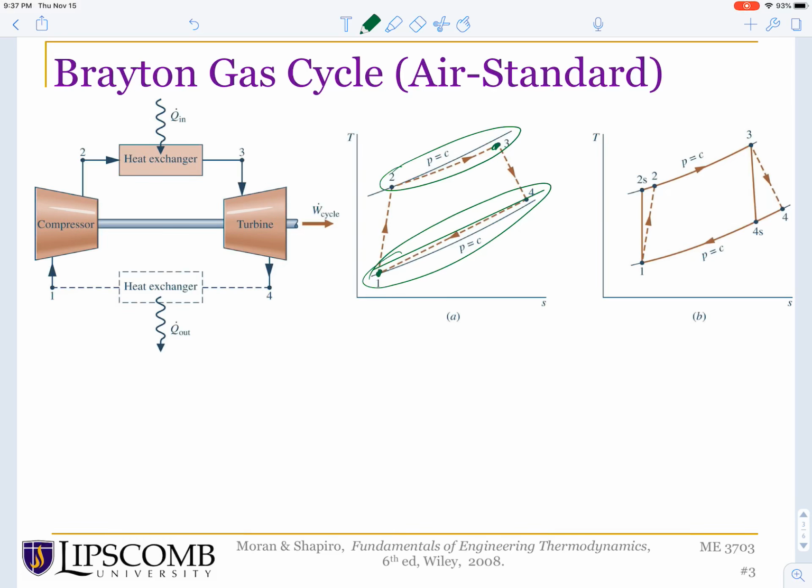Another set of irreversibilities would occur with the compressor and the turbine, and we've already learned how to deal with those through our sort of catch-all term, the isentropic efficiency of those components.